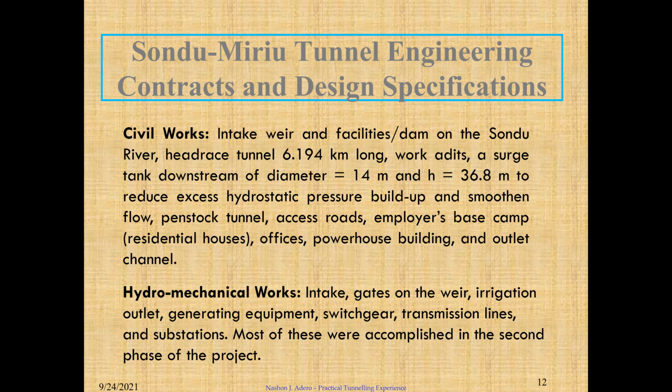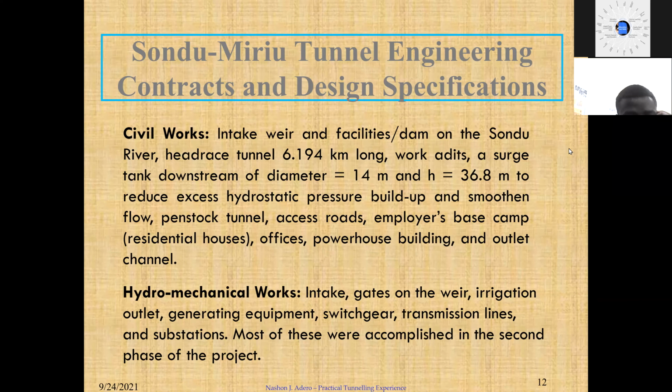And this surge tank again needed surveyors to be continuously on site to ensure that it would be constructed according to the design with a diameter of 14 meters and a depth of 36.8 meters and to be erected vertically. So that again requires the application of engineering surveys to set it out correctly and attain the vertical alignment required.